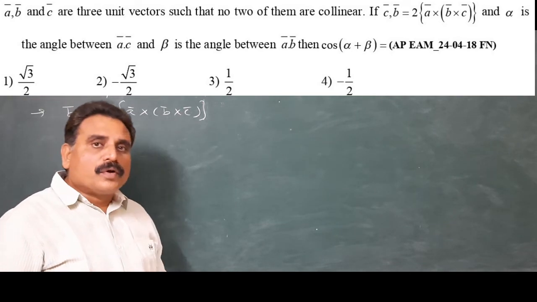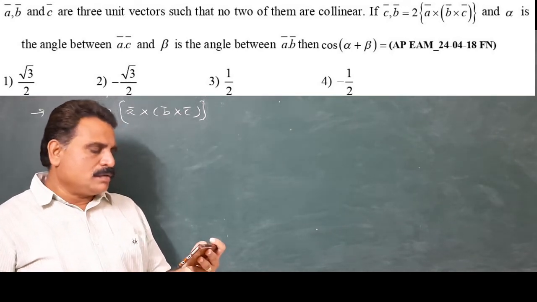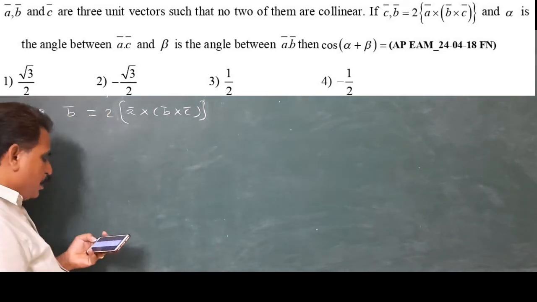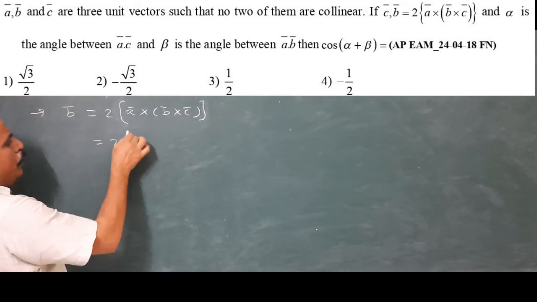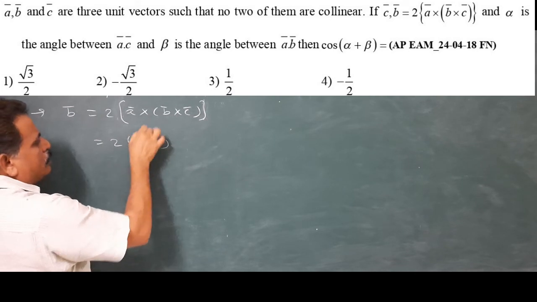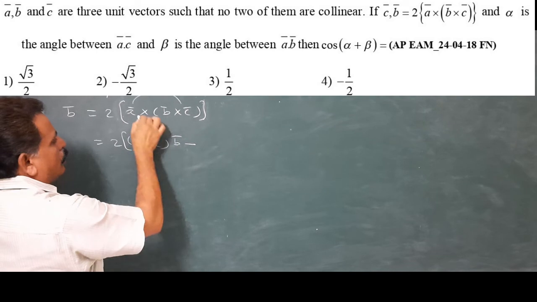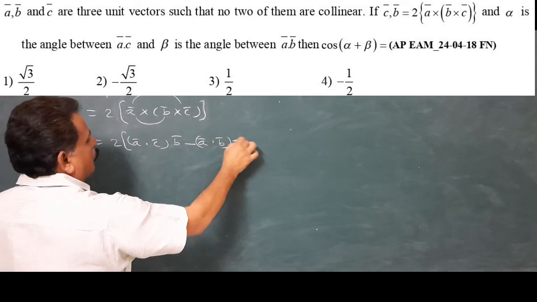The angle between A bar and C bar is alpha, and beta is the angle between A bar and B bar. Now here, 2 into the vector triple product: A bar dot C bar into B bar minus A bar dot B bar into C bar.